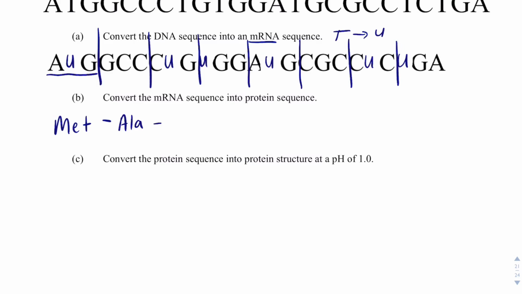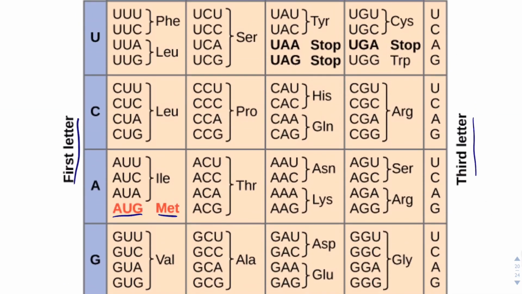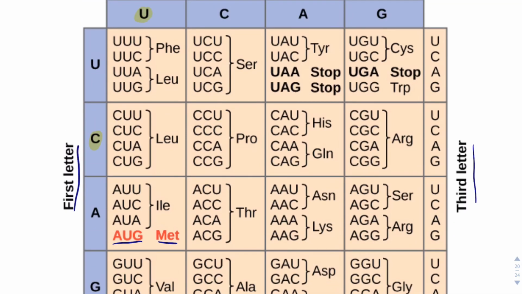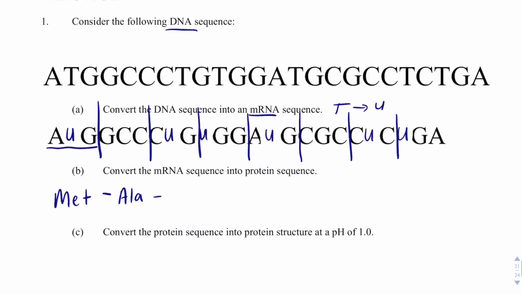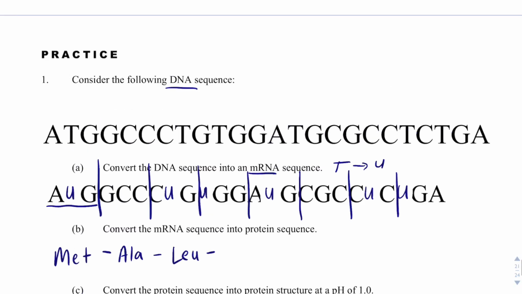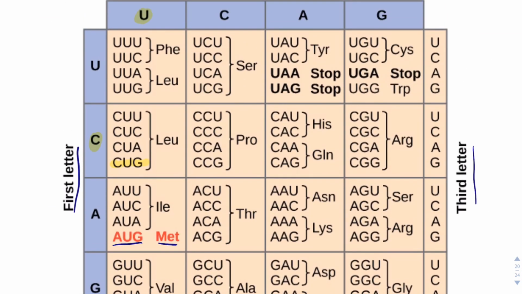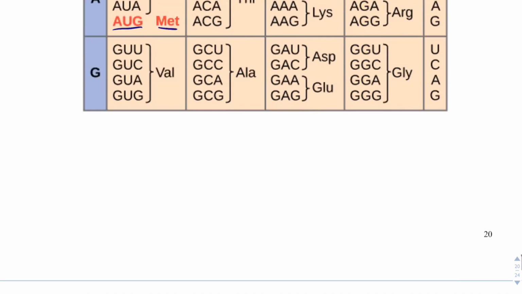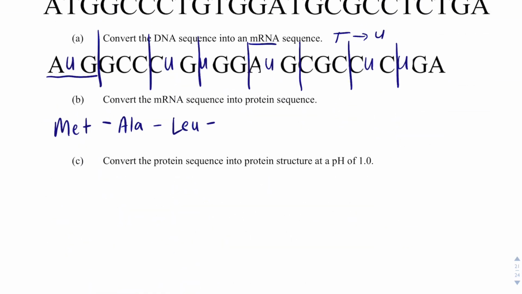Okay, CUG, leucine. UGG, tryptophan, I believe, TRP. I could be wrong there.